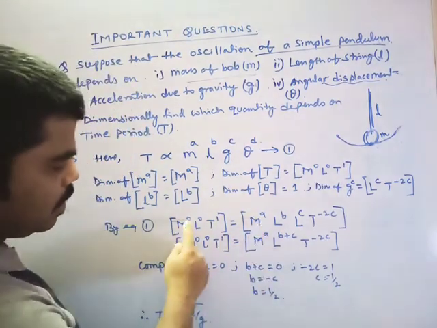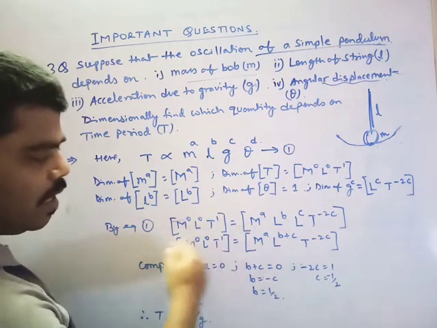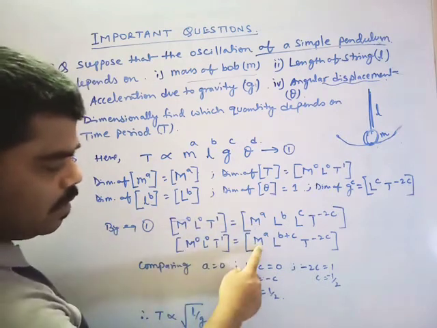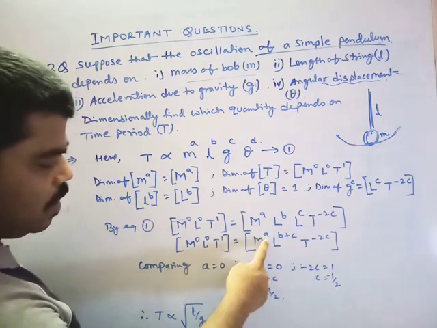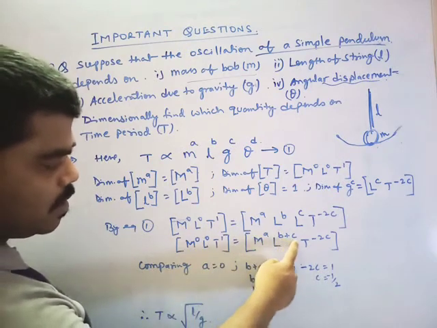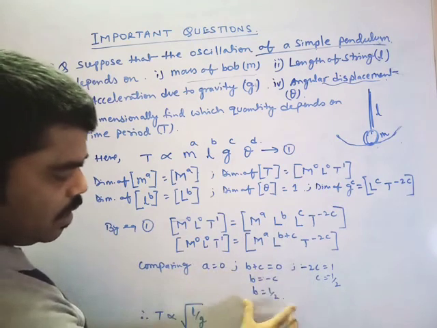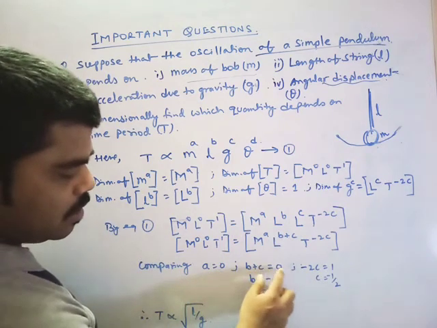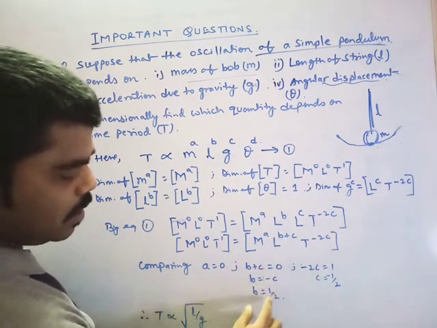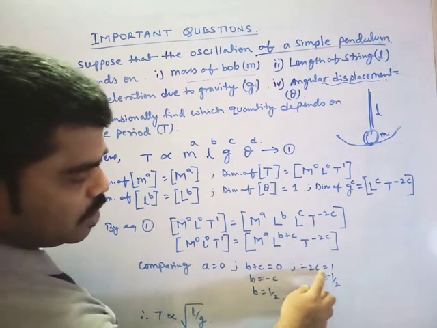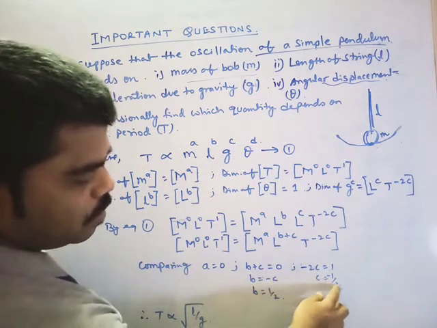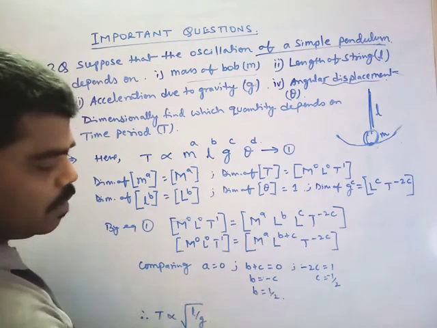Now compare. A is m. If they are equal, dimension is also equal. The mass has the power A equal to 0. B plus C is 0. Minus 2C is 1, which we have written here. A is 0, B plus C is 0, so B is equal to minus C. I first find 2C is equal to 1, so C is equal to minus half, put it here, B equal to half.